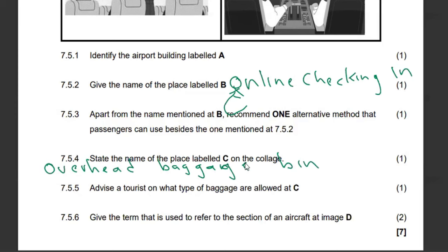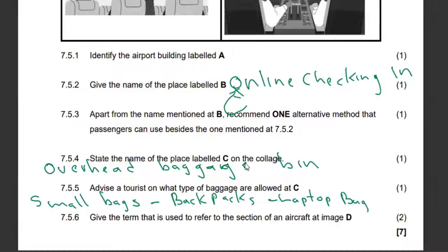Then advise the tourist on what type of baggage is allowed in C. In C, they are only allowed to carry small bags, backpacks, laptop bags. So that is the only thing which is allowed there.